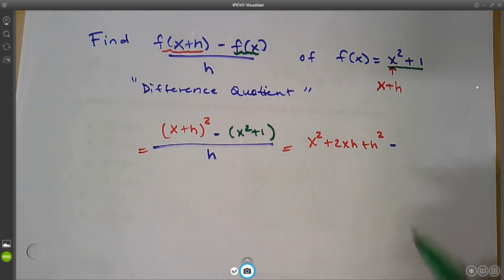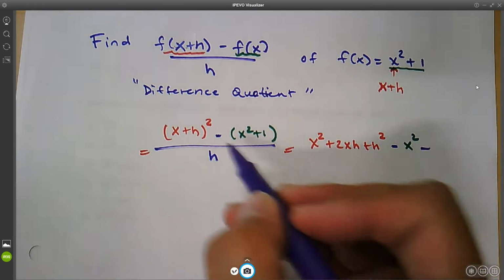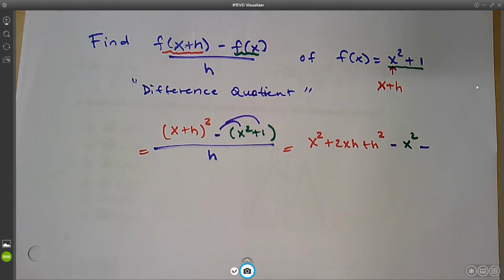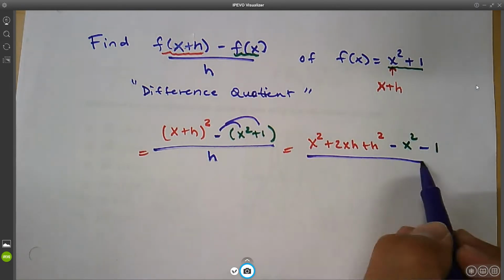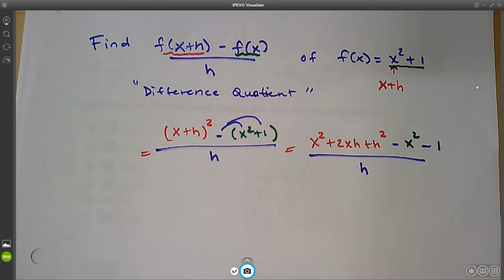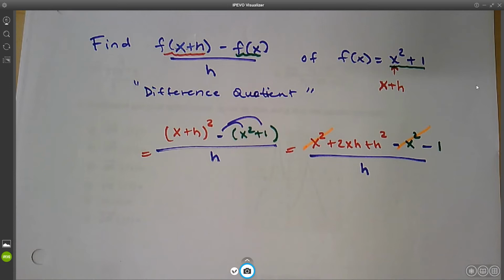And then maybe distribute the minus through to both of them. There's still an h at the bottom. How these problems work out is that there will be the same things with opposite signs, so they will cancel.